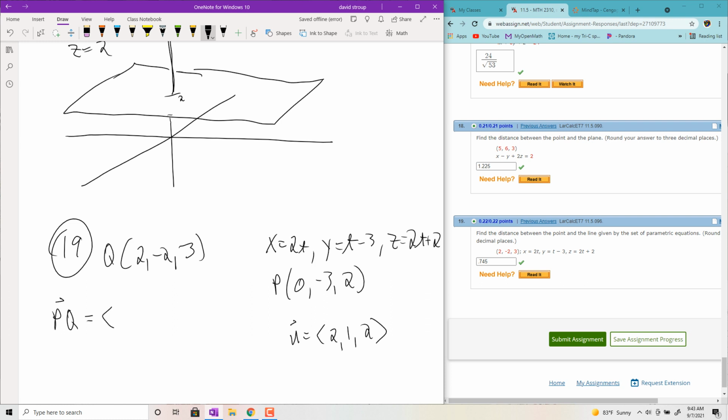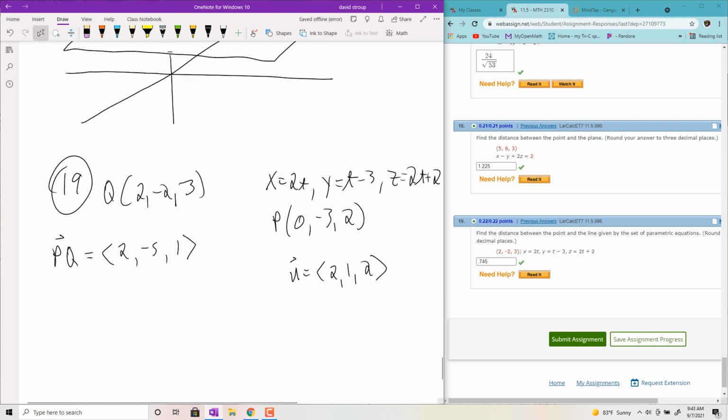Okay, this time do it right, Dave. So 2 minus 0, negative 2 minus 3 is negative 5. It doesn't make a difference, but 3 minus 2 is 1. Sometimes I don't like to mess around. So for PQ cross U, I need that cross product.